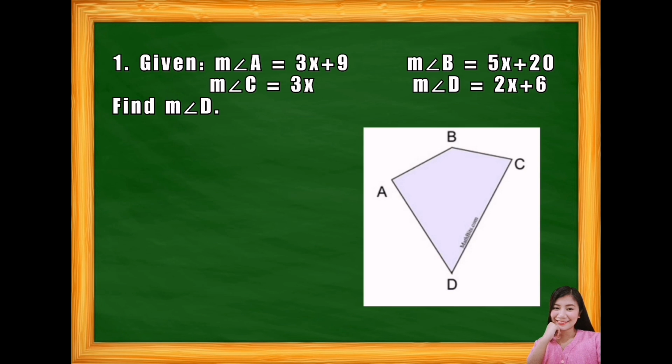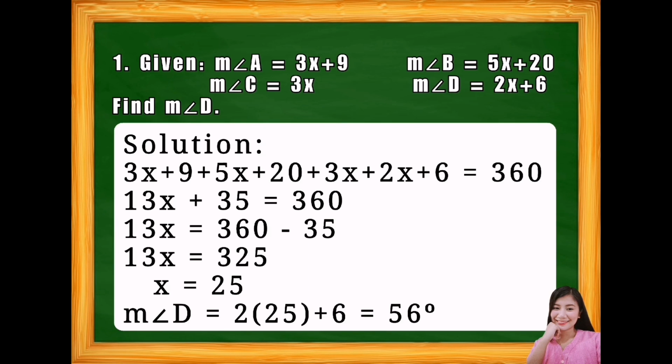Let us try to solve this. Given the measure of angle A is equal to 3x plus 9, the measure of angle C is equal to 3x, the measure of angle B is equal to 5x plus 20, and the measure of angle D is equal to 2x plus 6. Let us now find the measure of angle D. Remember that the sum of all angles of a parallelogram is always equal to 360 degrees.